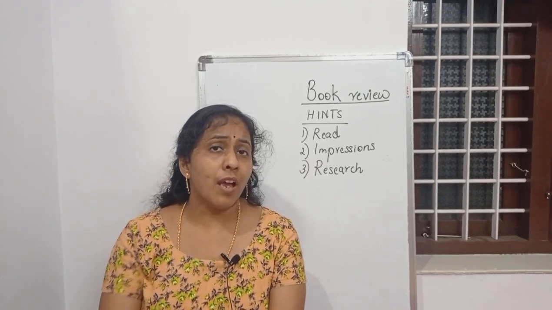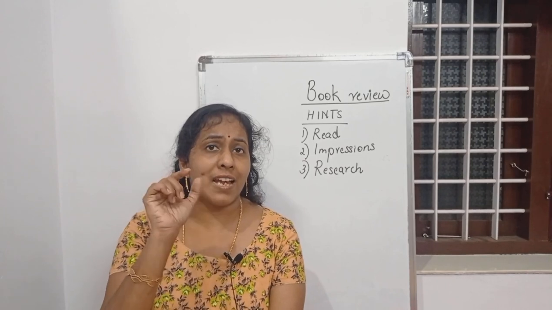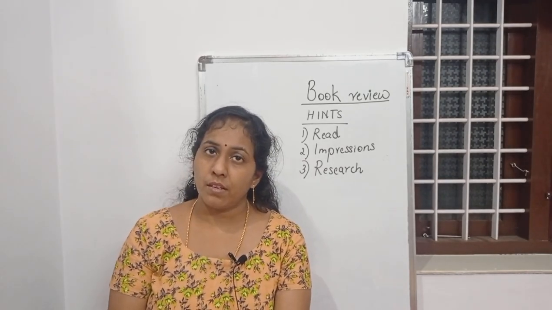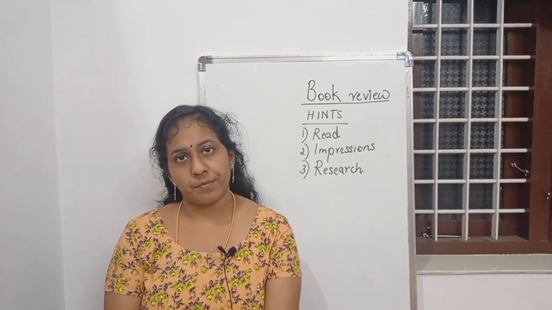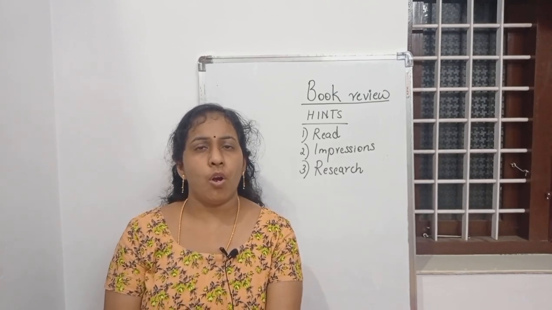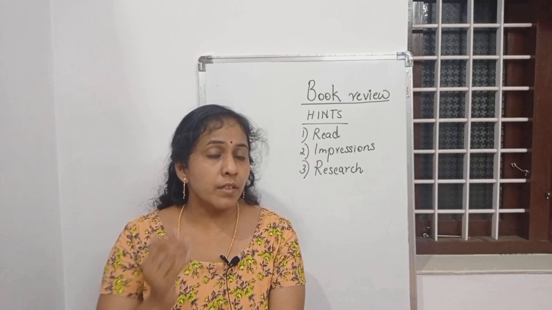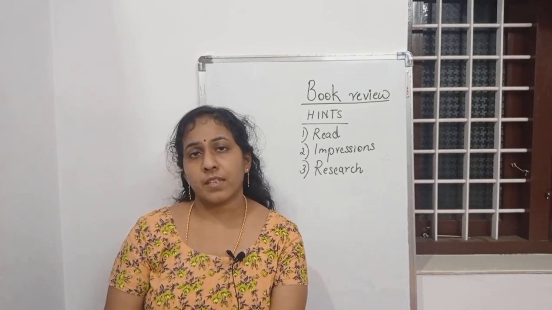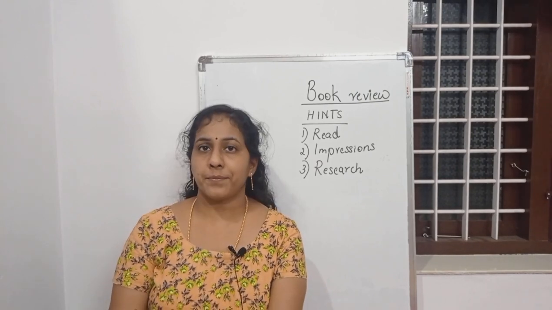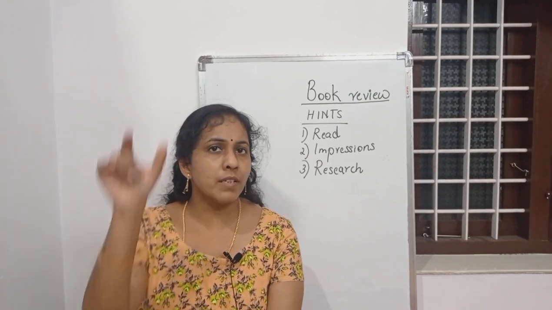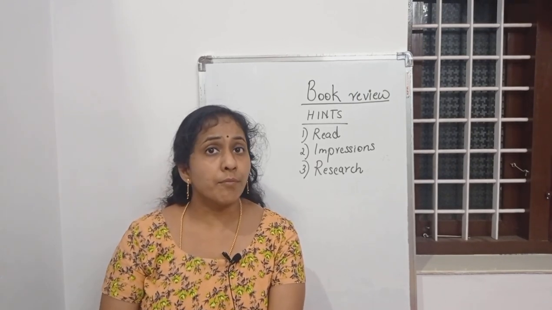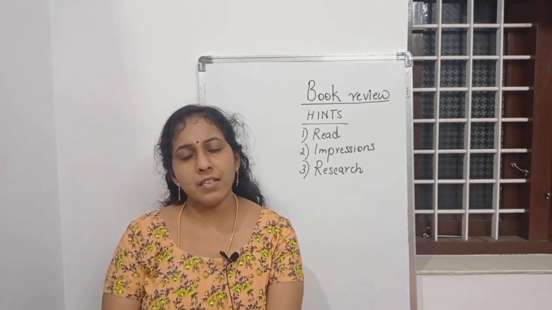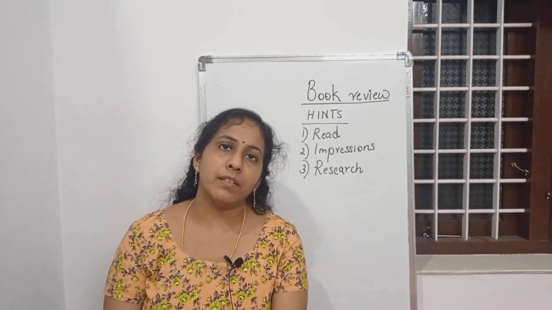Now make sure you have the following aspects mentioned while reviewing a book. The title of the book, the author or authors, there can be a co-author, the publisher, the publication date, the format, which is a structure, the number of pages, and the price, the rate of the book available in the market.